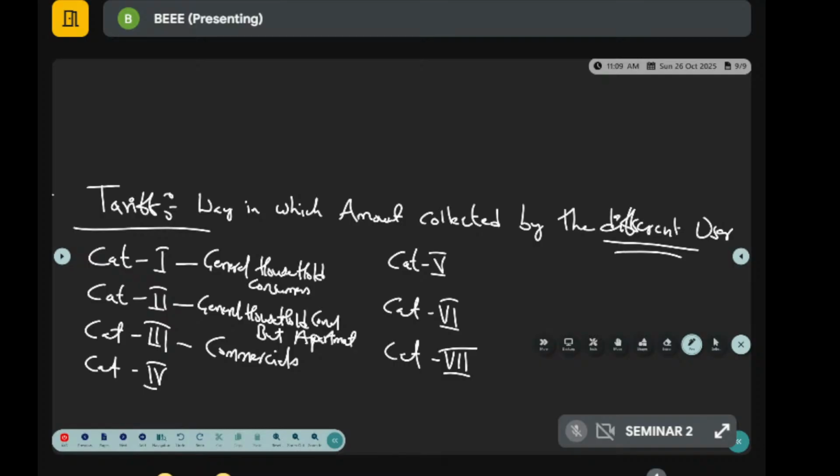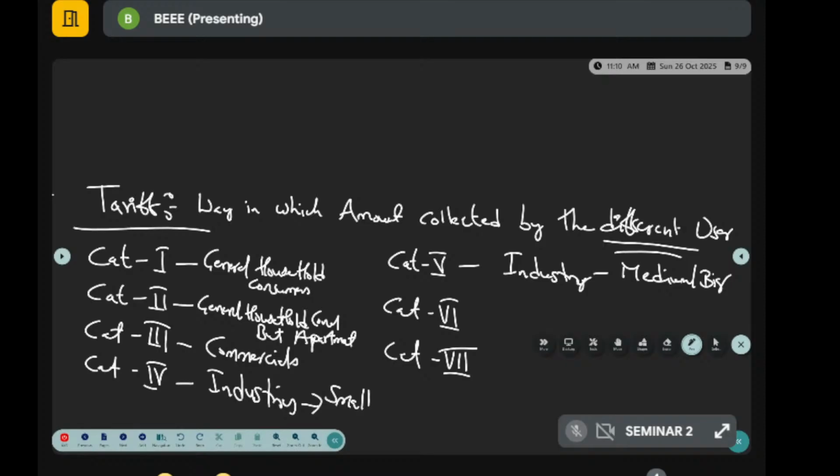Category 4 is industry. Manufacturing industries are there. In this we will say small industry. Category 5 is also industry, medium and big.